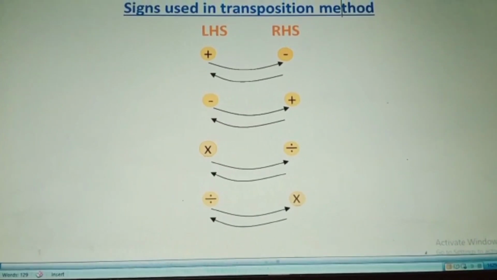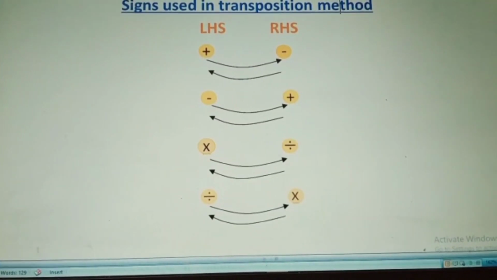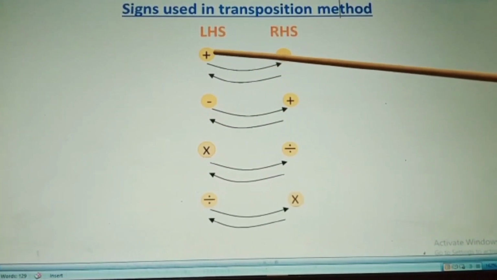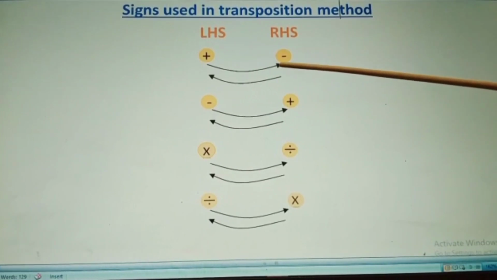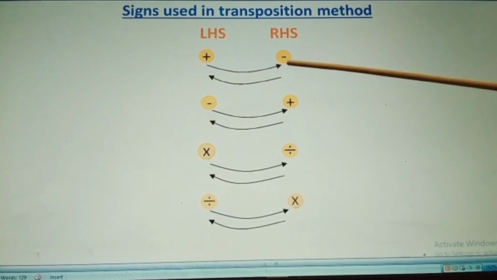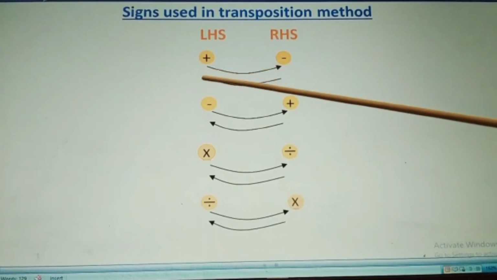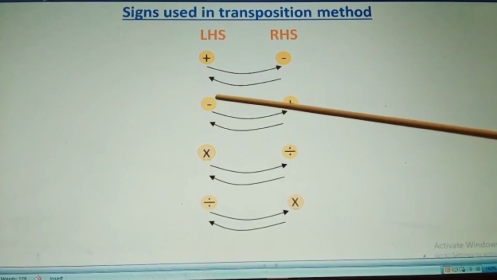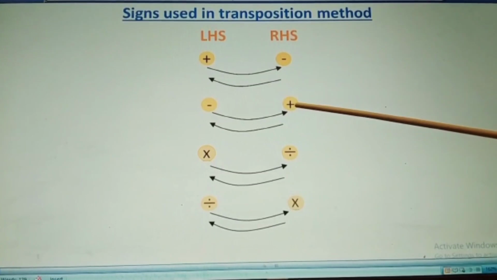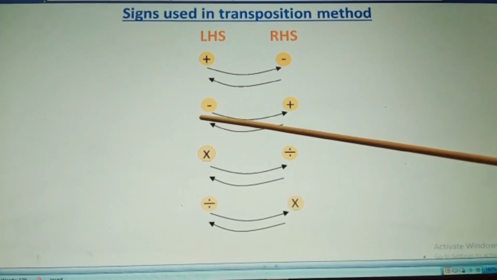Students, next we will go through how sign used in transposition method. Here, plus sign in LHS of an equation becomes minus sign in RHS of an equation, and minus sign in RHS will become plus sign in LHS. Like that, minus sign in LHS will become plus sign in RHS, and plus sign in RHS will become minus sign in LHS.